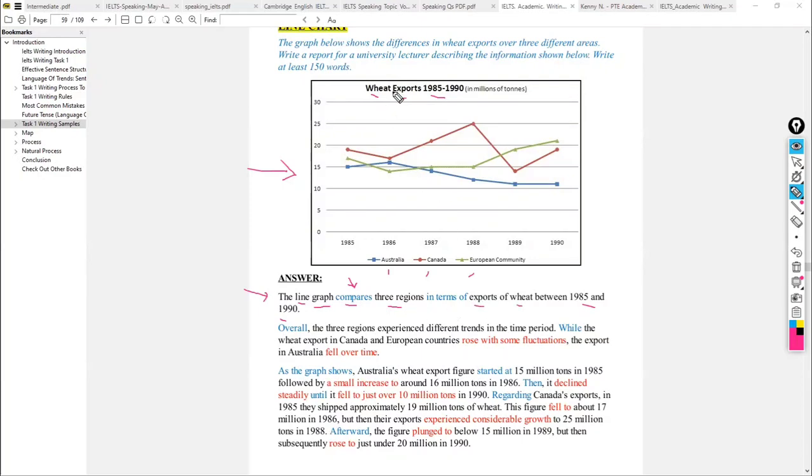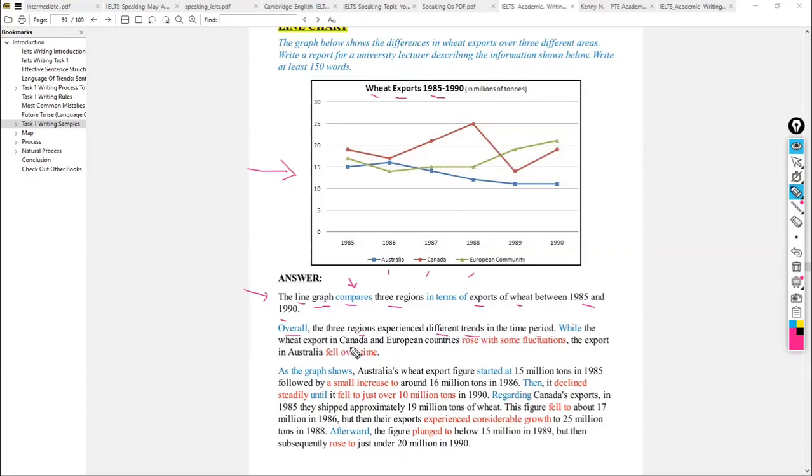So notice how I give the general information in only 1 sentence, 2 sentences maximum. Now, overall, the 3 regions experienced different trends in the time period.